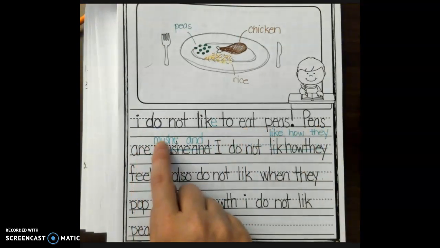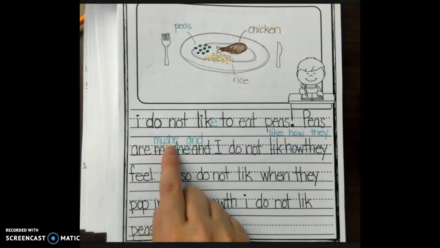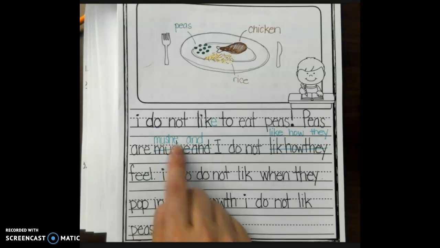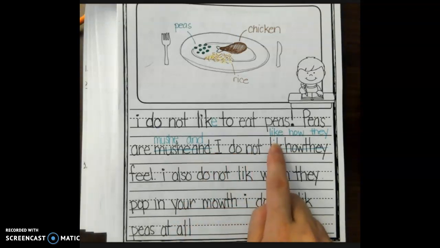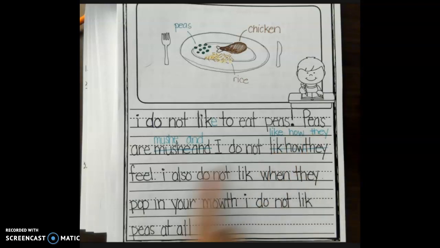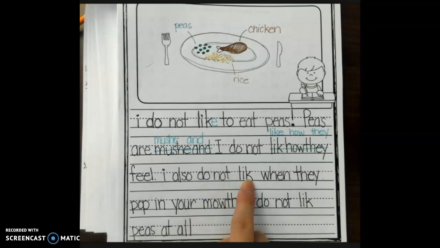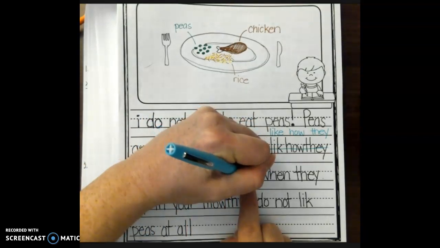Peas are mushy. Is mushy? Mushy was hard for me to spell, but it's not a snap word, so I'm just going to leave it, okay? Because I wrote a sound or a letter for each sound I heard. And I do not like, I switched it here because I noticed that it was spelled incorrectly, how they feel. I also do not like, there's like again, what does it need?